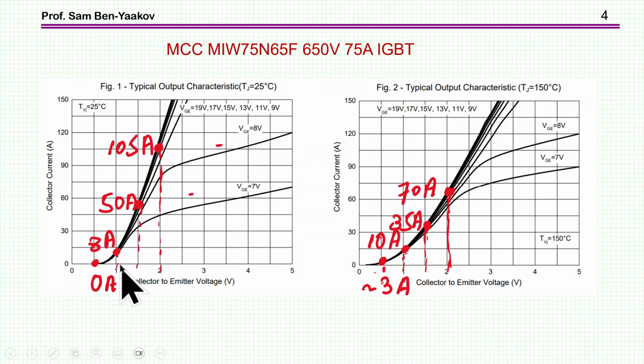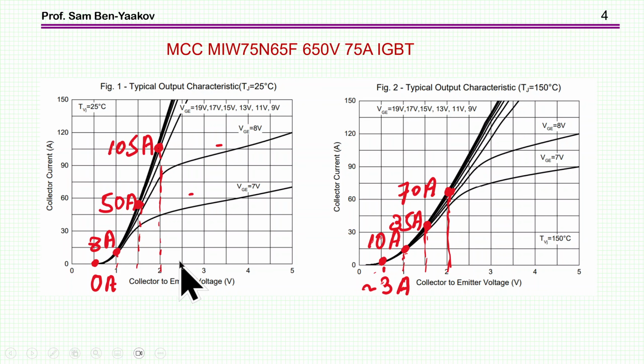Not everyone is really aware of the situation that is usually happening, and that's the following. If I look at the voltage, this is VCE, the voltage across the transistor, and then the collector current.